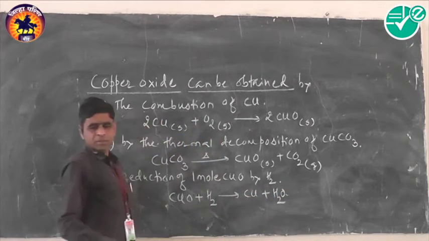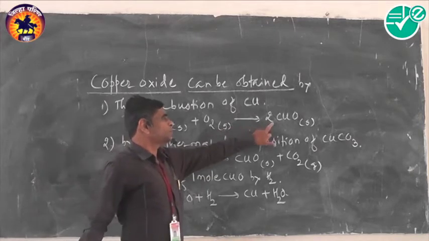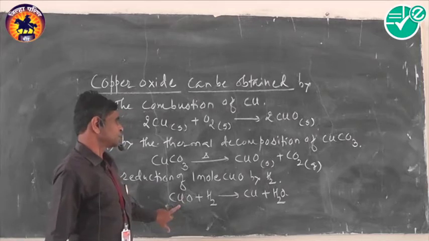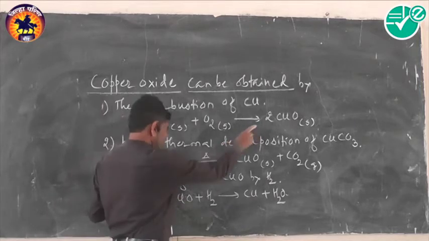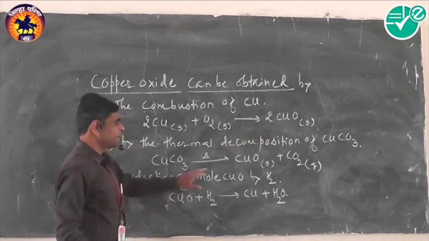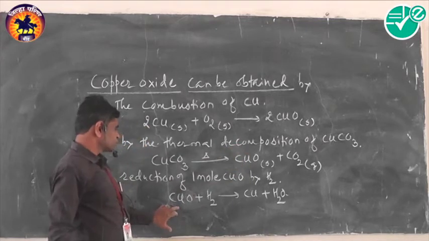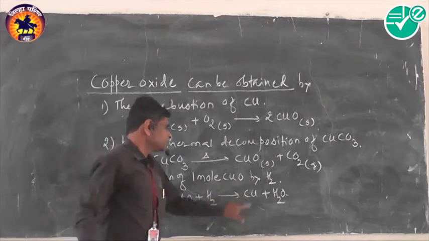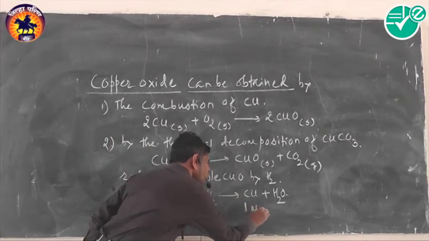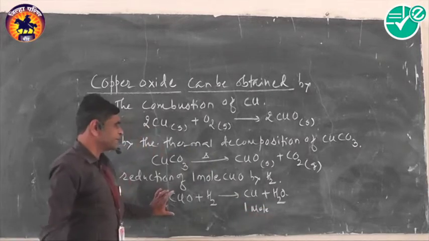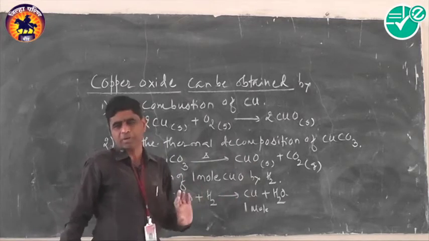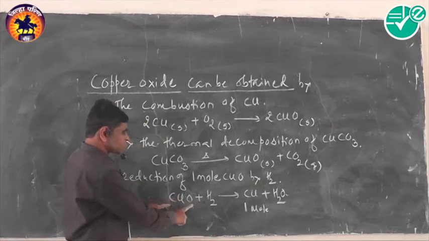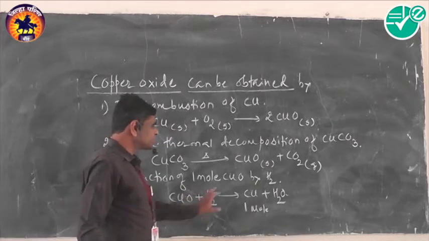So the sample of CuO obtained by the first method and the sample obtained by the second method, 1 mole each, when reduced by hydrogen, gives 1 mole copper. So 1 mole copper oxide gives 1 mole copper.